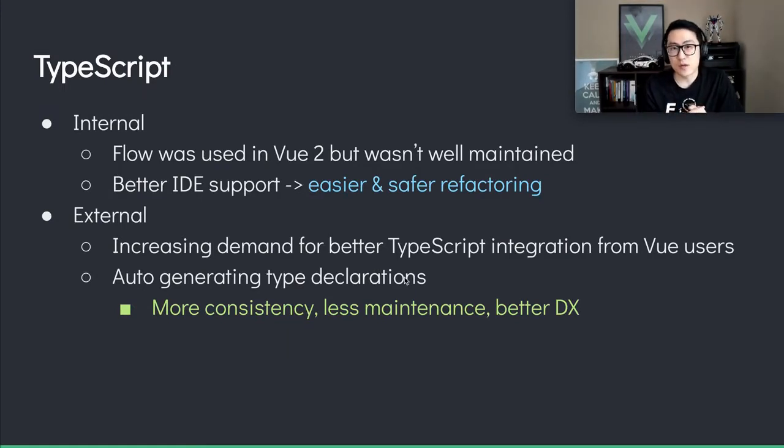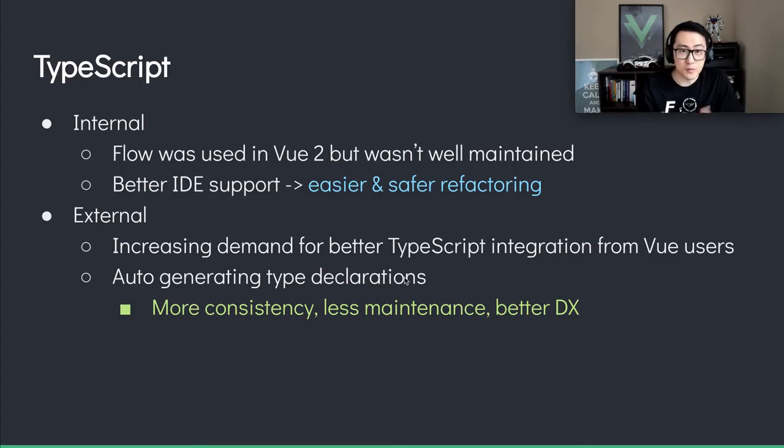For TypeScript, there are two aspects of switching to TypeScript. The first aspect is internal. In Vue 2, we were previously using Flow, but if you've used Flow, you probably know that, as a Facebook project, surprisingly, it's not that well maintained publicly.